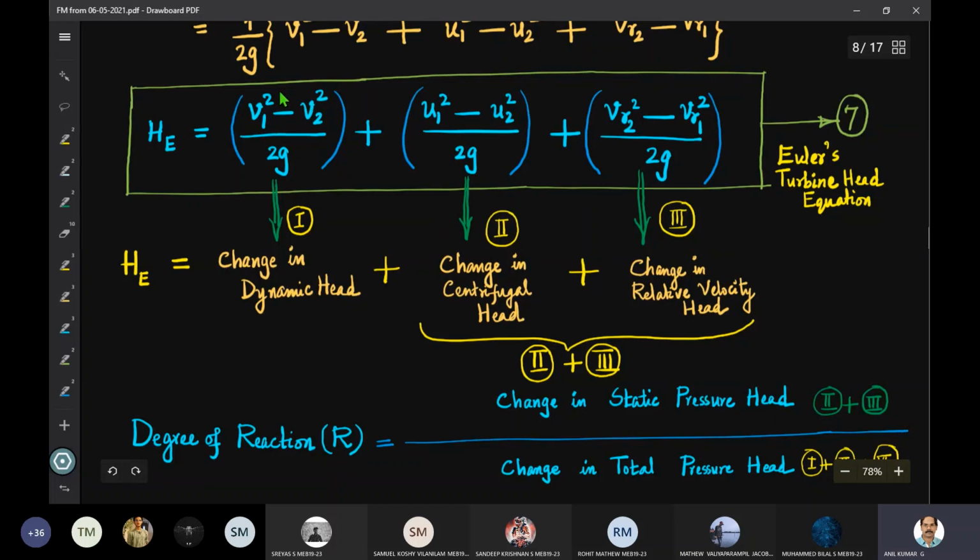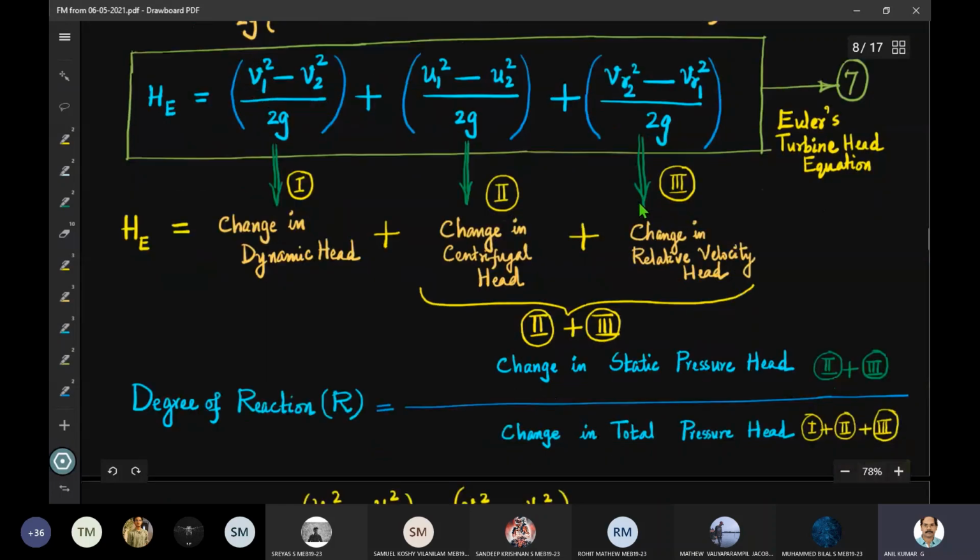But in the case of pure impulse machines, like a Pelton wheel, we need to consider the change in dynamic head alone, that represents the energy transfer from the fluid to the runner. The other one represents the energy conversion or energy transformation from one form to the other.